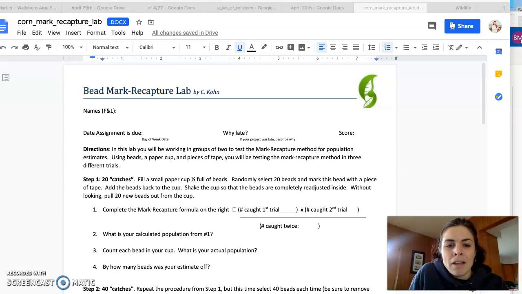So the whole idea of this is that in different wildlife research aspects, they're going to use mark and recapture to determine population size. Things like that help with understanding, for example, how many deer there are in certain areas in Pennsylvania so that they know how many tags they can give out.